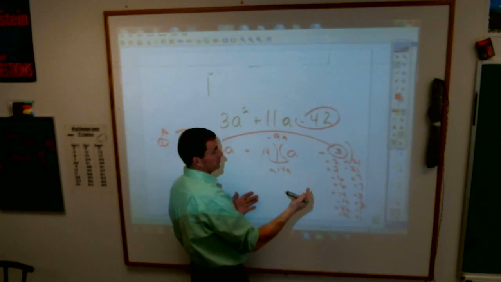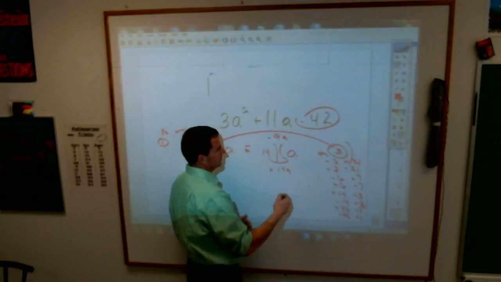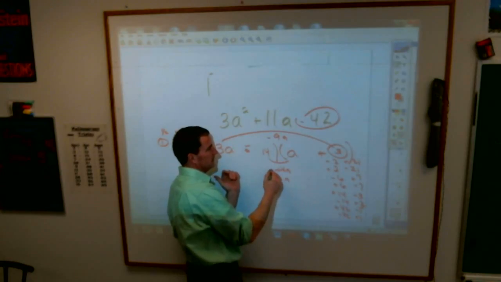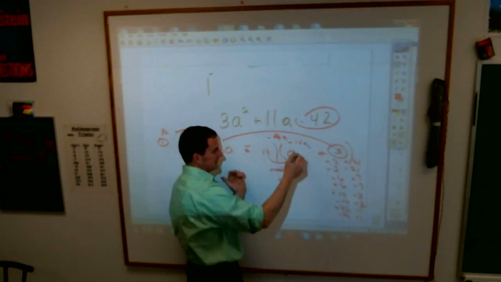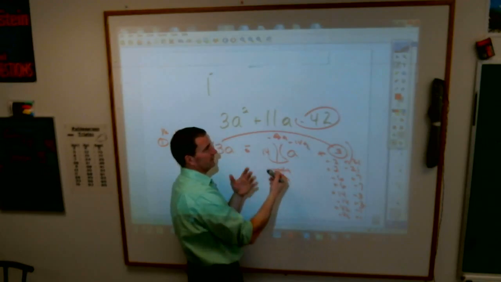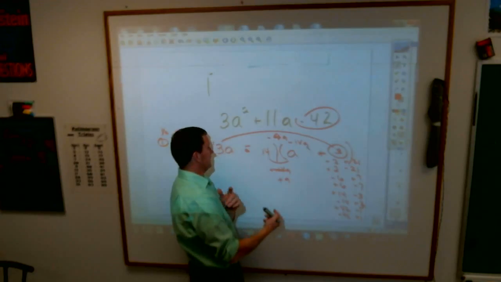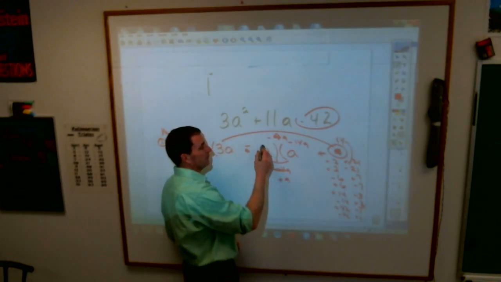Okay. So I try it and I switch it around. What if I made this negative and this positive? Well, 3 times 3 is 9, positive 9, and negative 14 times a is negative 14a. That still gives me a negative 5. It still doesn't work. So now you got to try a different one and flip flop them. I can put the 14 here, and I can put the 3 here.